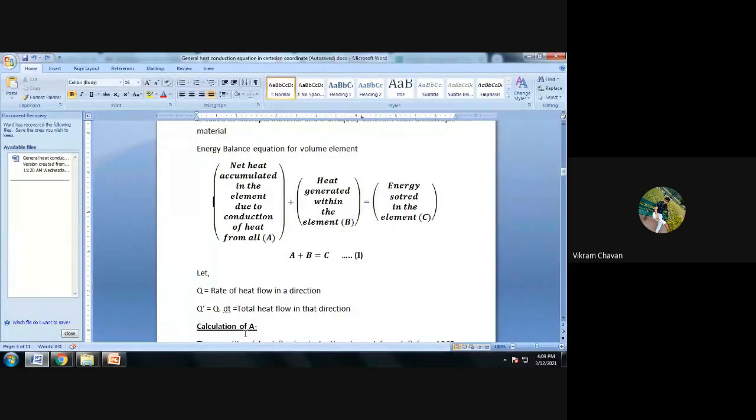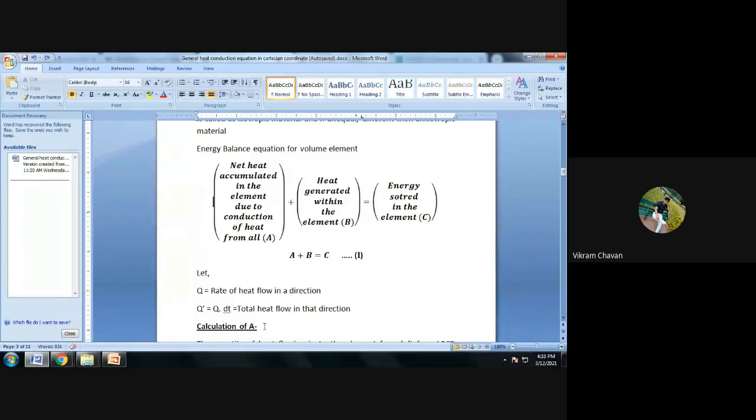Further, what we have done, we have considered Q as the rate of heat flow in a given direction. If heat is flowing in x direction, then it will be Q suffix x. If heat is flowing in y direction, then it will be Q suffix y. And if the heat is flowing in z direction, then it will be Q suffix z.